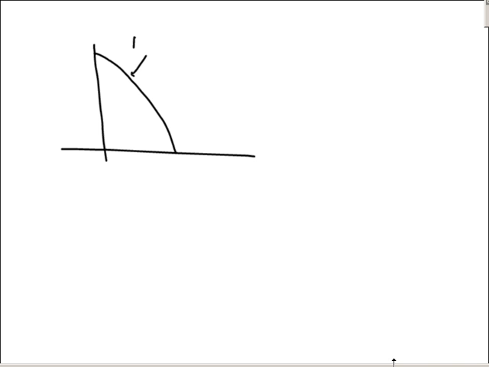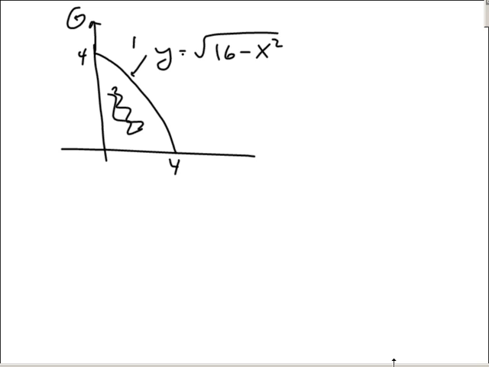And the equation of this curve is y is equal to the square root of 16 minus x squared, and we have those points. This here is the region we want to revolve around the y-axis. And that's given.